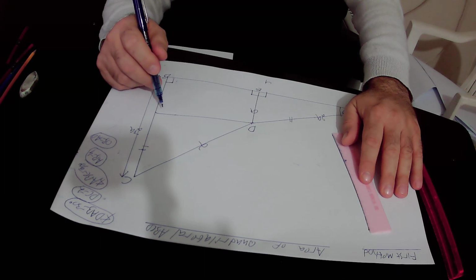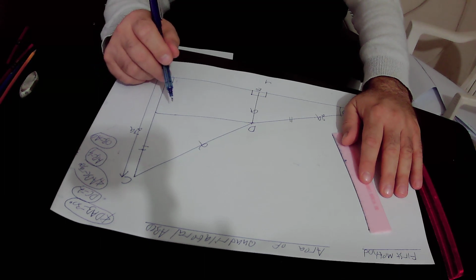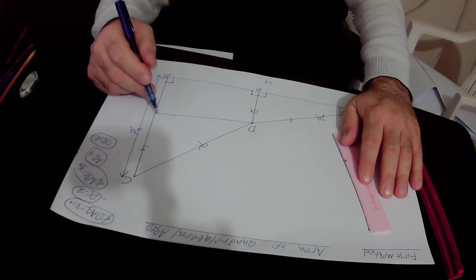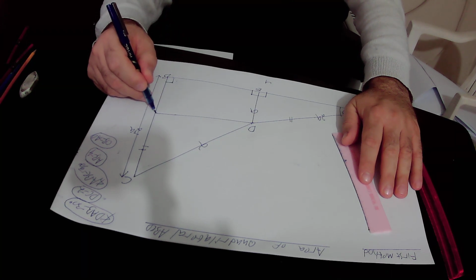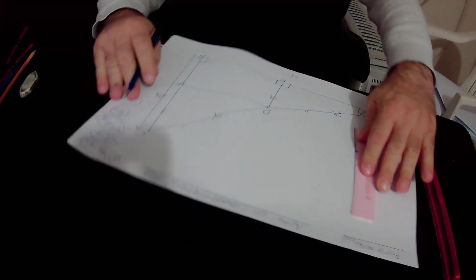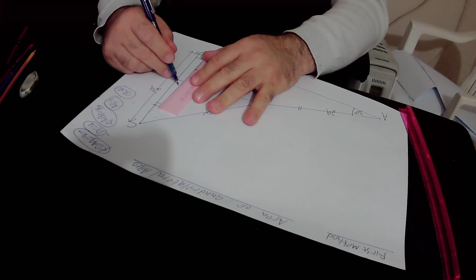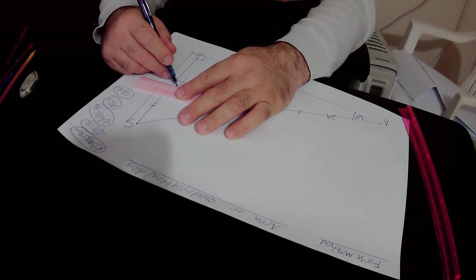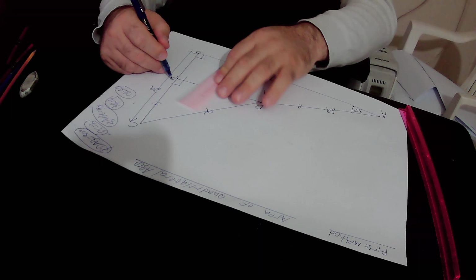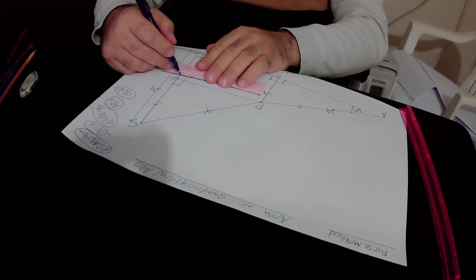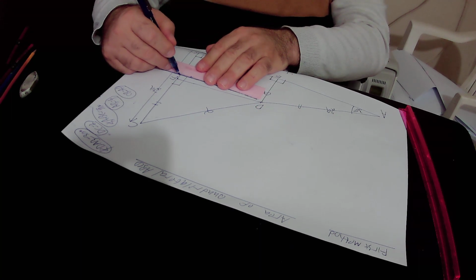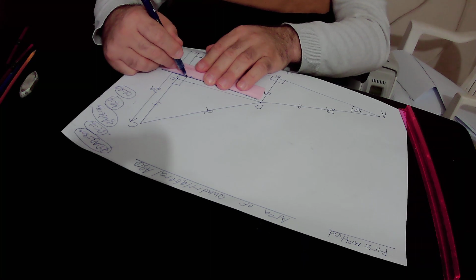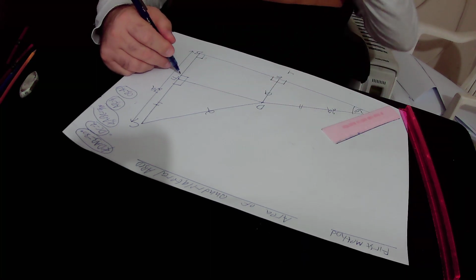We will define the touching point of the perpendicular from point D to CB as point F. So this angle is a right angle, that is to say it equals 90 degrees, and this angle is also a right angle, it equals 90 degrees.